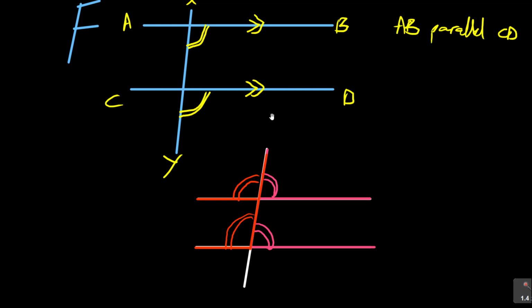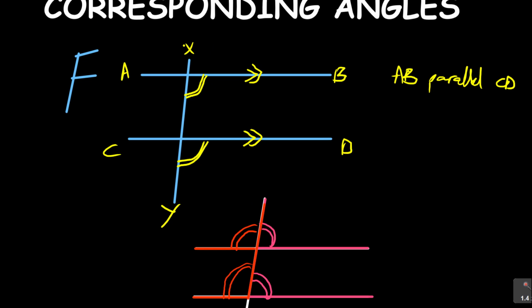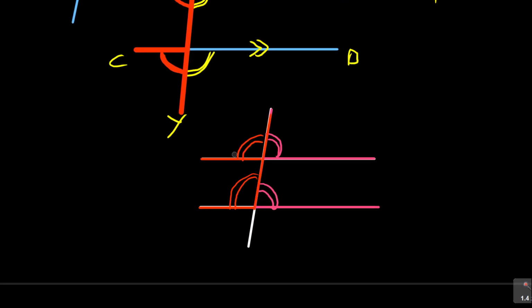I can even come here and focus on my F. Look at this one. I can focus on that, and focus on that. Do you see the F that I'm having? And I can have a corresponding angle. That angle is equal to that angle. So it depends how you want to bring it about. You can have different scenarios, but the first part that you need to identify is parallel lines.